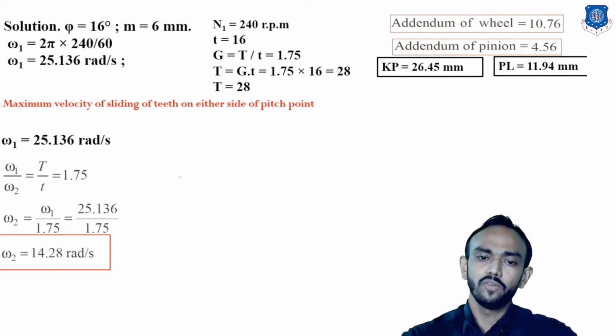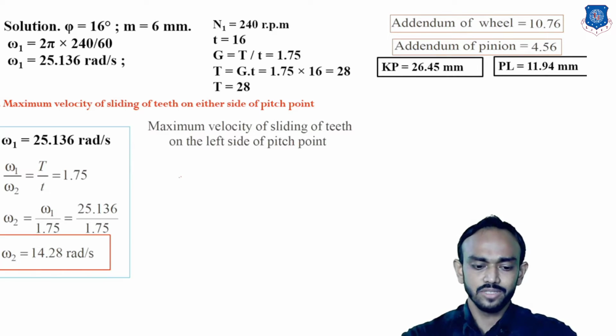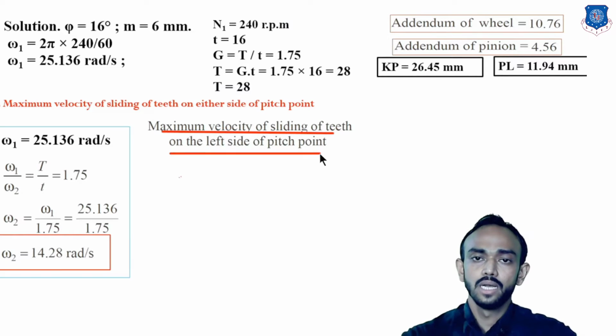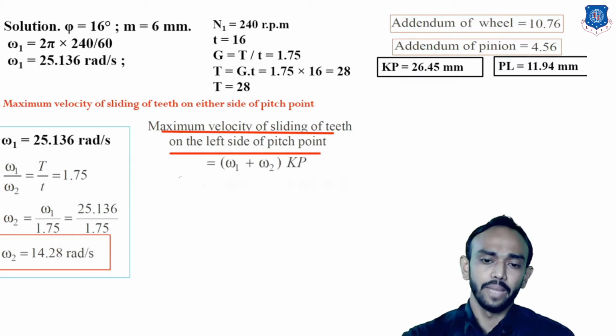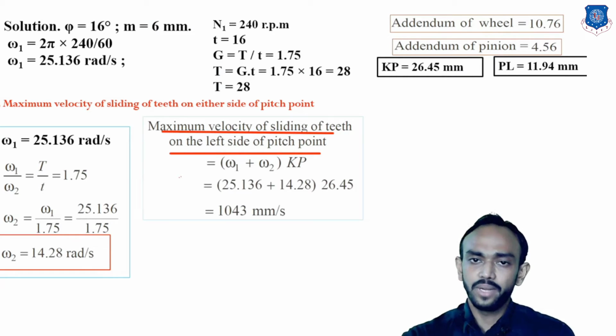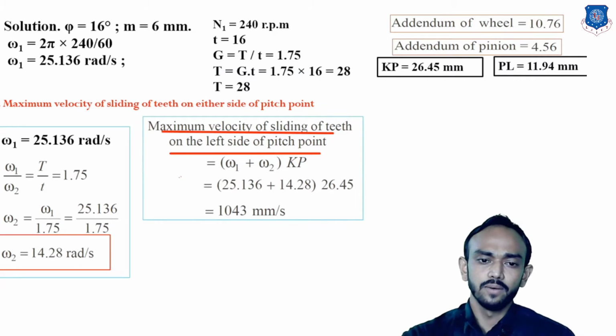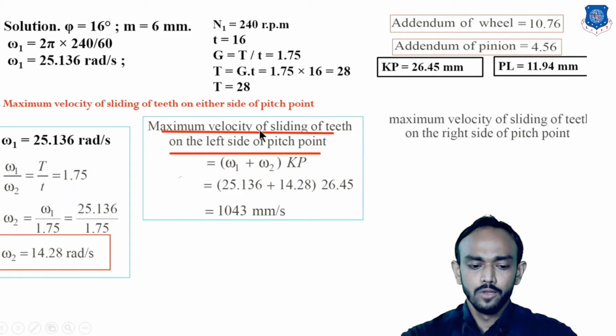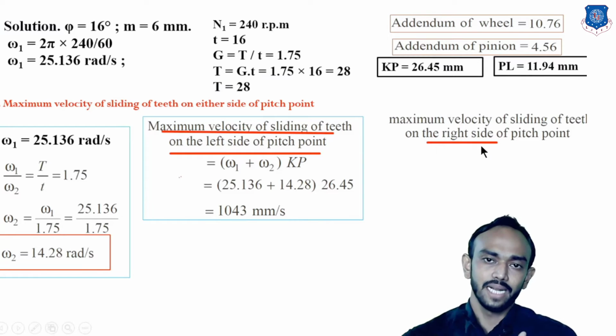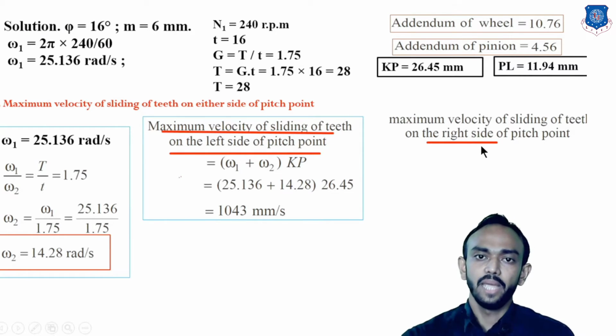So now you are going to find the sliding velocity on both sides. First of all, find the maximum velocity of sliding on the teeth on the left side, meaning approach. So we will multiply omega 1 plus omega 2 into KP in this case. And after that, if you want to find the maximum velocity of sliding on the right side, meaning the upper side, P to L, it is the right side.